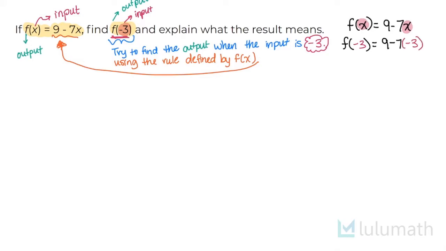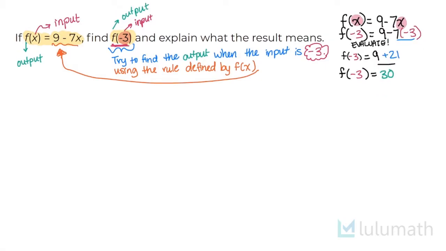And then all I have to do here is just evaluate. So this is telling me that f of negative 3 is equal to 9. And then here, when I multiply negative 7 by negative 3, I end up getting positive 21. So that means that f of negative 3 is equal to 9 plus 21, which gives me 30. So what does this result mean? It tells us when the input is negative 3, the output is 30.